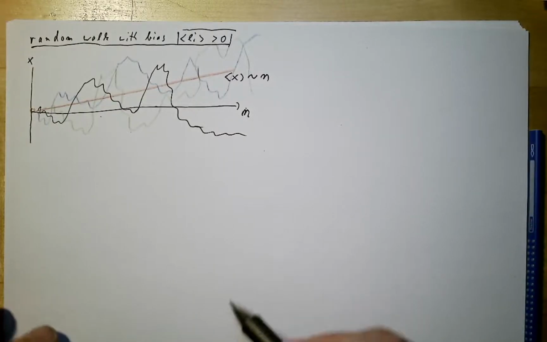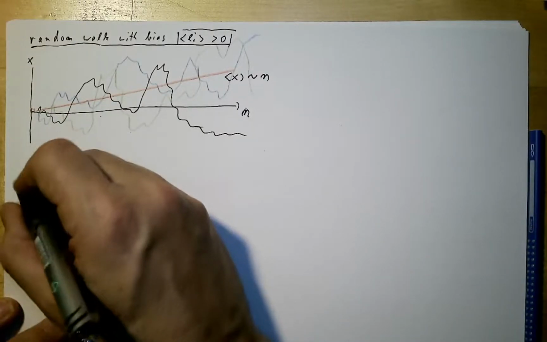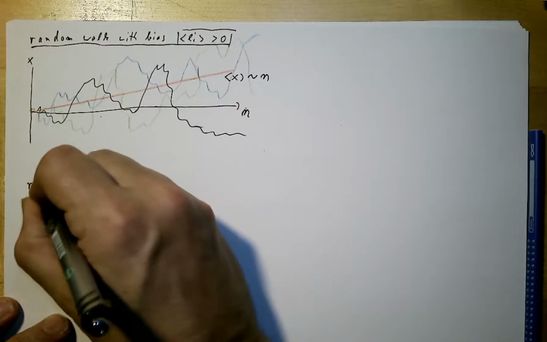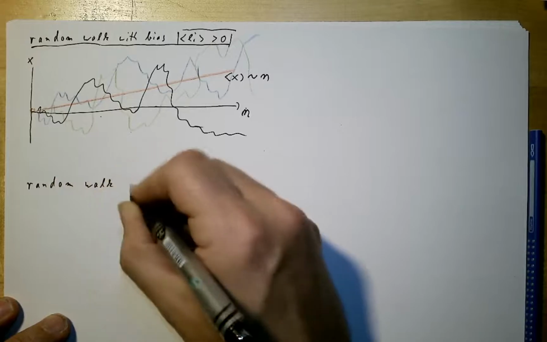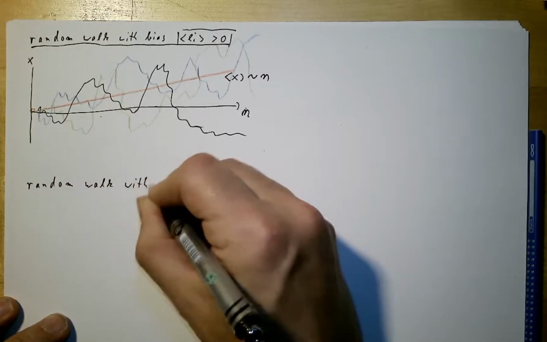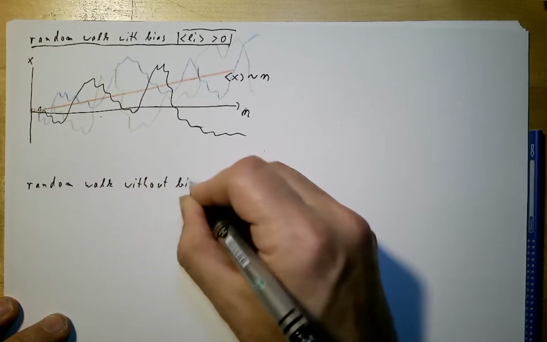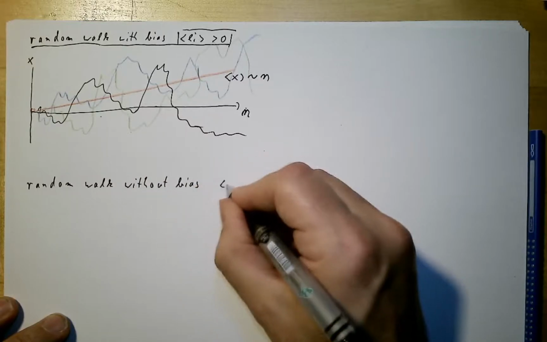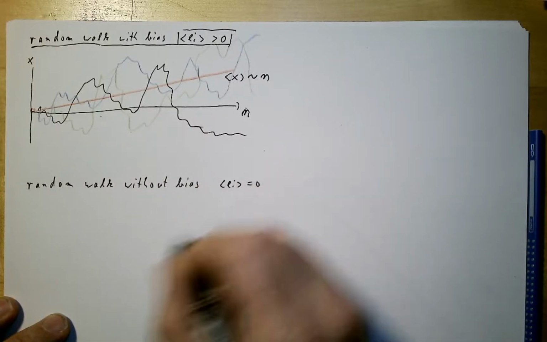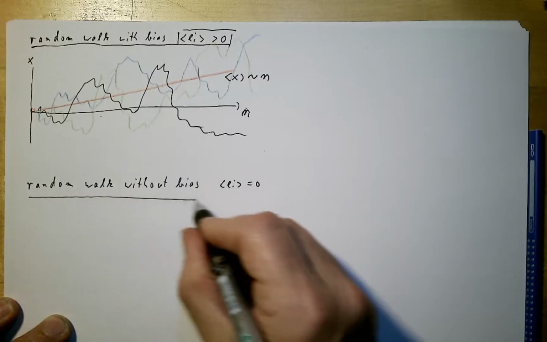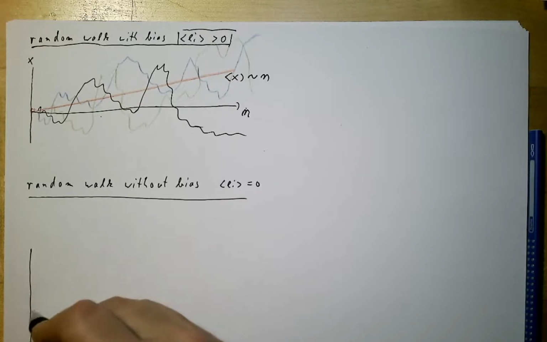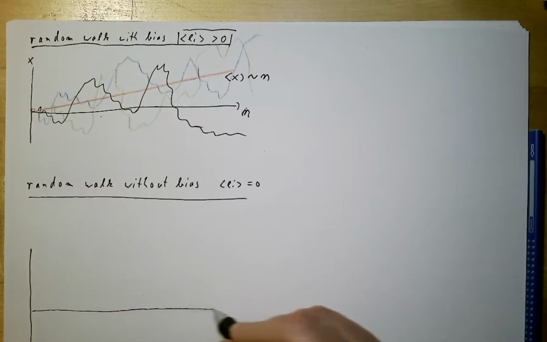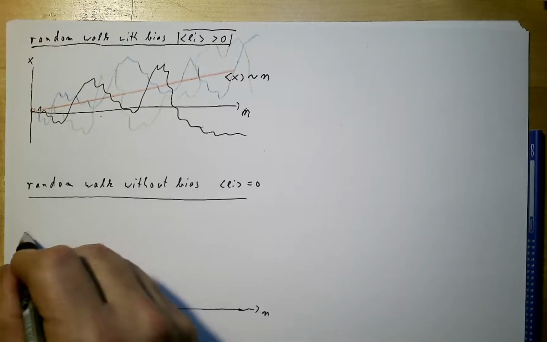And now maybe take a random walk without bias. So we have that the expectation value of the increments is 0. We have here time and the position x.